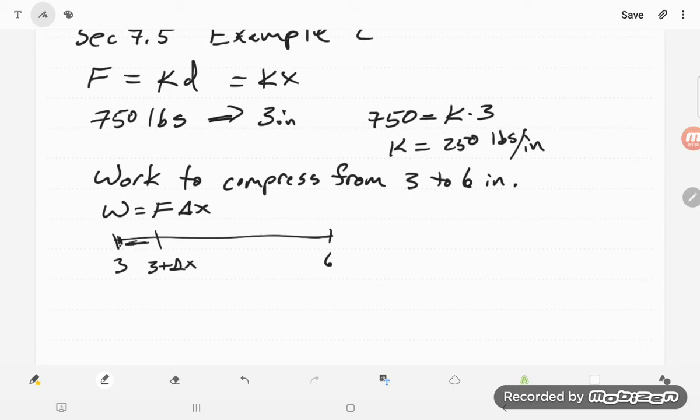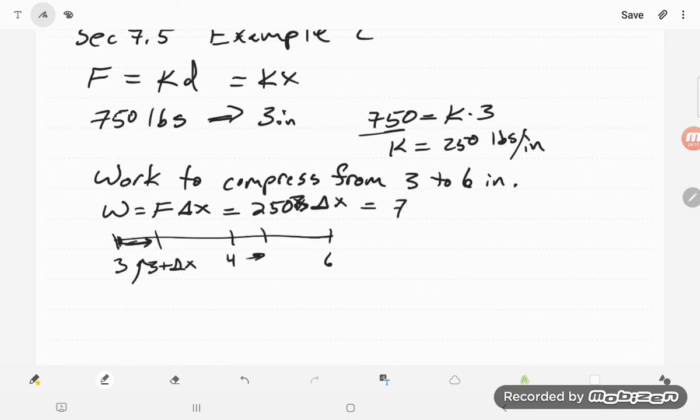So I could use the 3 here, and then I just moved it a little bit, so this is like 250 x times the delta x. And at any other spot, maybe here I'm at 4 and moving it to 4 plus delta x. But x was 3, so times 3. So it was that 750 pounds.